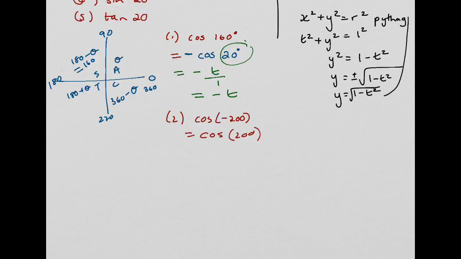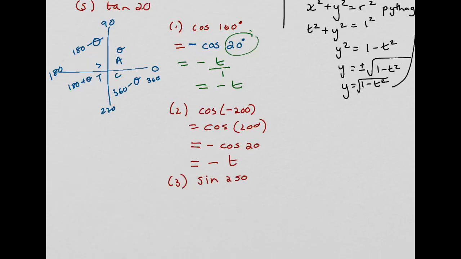So you could have either just added 360 to the negative 200, or you work with the negative angle rules. So 200 degrees is sitting in tan's quadrant. So you have to ask yourself, 180 plus what is going to give you 200? It's 20. But because we're working in tan's quadrant, cos has to be negative. And negative cos 20, like in the last question, is negative t.